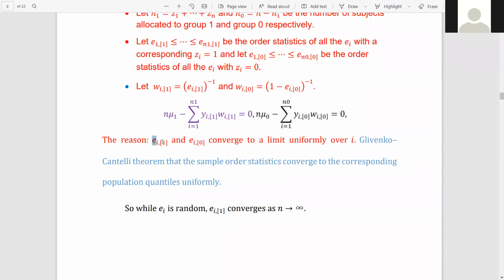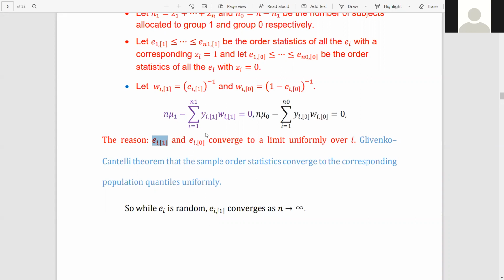So these order statistics, in fact, will converge uniformly over I. Okay, so we have this one. So this is similar to this very famous theorem in probability, the Glivenko-Cantelli theorem. That says the sample order statistics converge uniformly to the corresponding population quantiles.